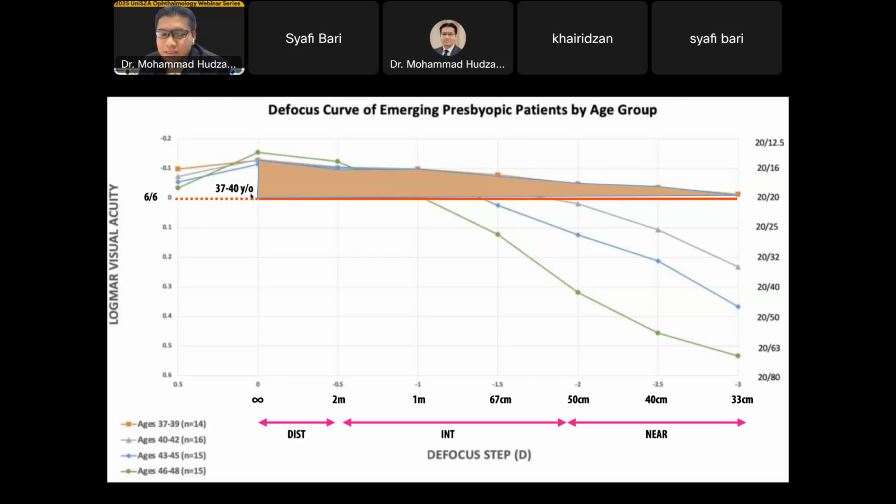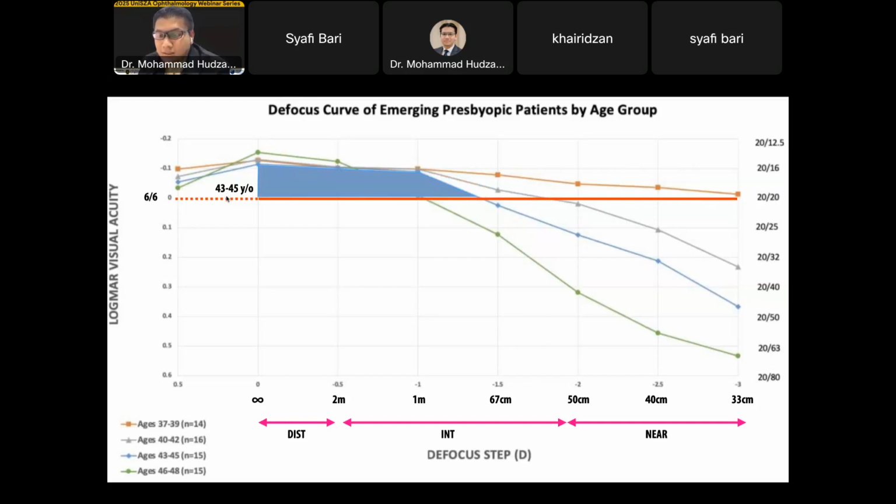From near until infinity, right? But if you are progressing in age, more than 40, now your vision is good at infinity, but only until the range of 67 centimeters to 70 centimeters. After around 60 centimeters, your vision drops. You have no vision better than 6/6.